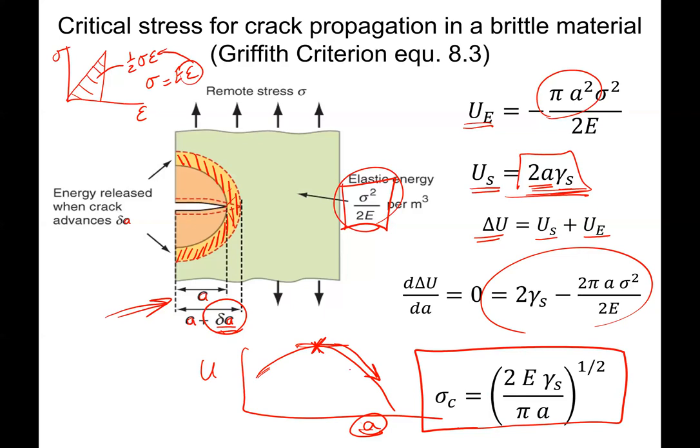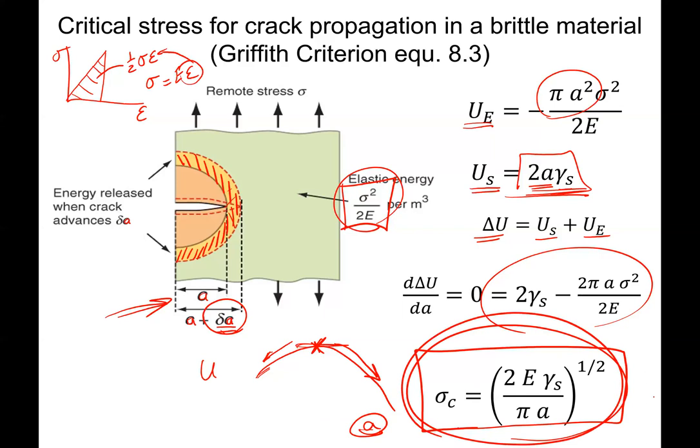If we were less than that stress, or we had a crack that was smaller than that value, then the energy gets lowered by shrinking the crack, and so the crack would close. So that's the idea. This was Griffith's criterion, 8.3 in your text. And all we need to know about a brittle material is the elastic modulus, the surface energy, and then the size of the crack or the stress that the crack is seeing.